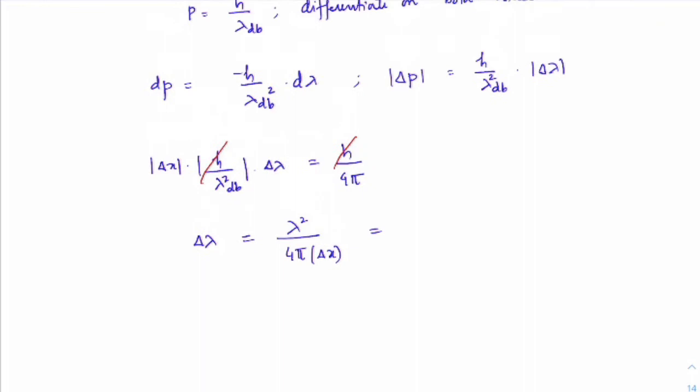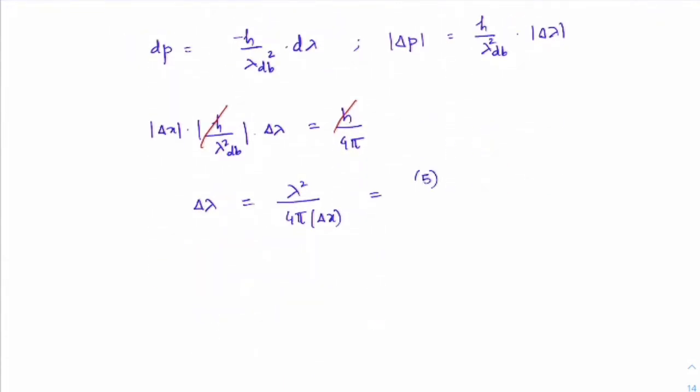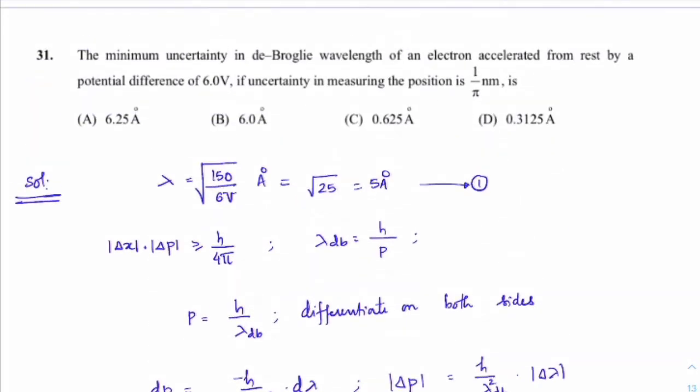Now lambda we just calculated as 5. So I'll just put that value as 5 square by 4 into pi into delta x. If you check out, its value is given as 1 by lambda. Oh, but this is in nanometers. So if at all I write this in Armstrongs, you know that this is what you will get.